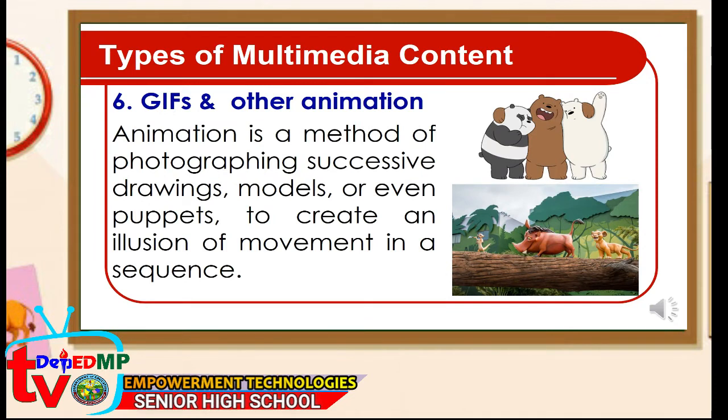When we say animation, it is a method of photographing successive drawings, models, or even puppets to create an illusion of movement in a sequence. There are a lot of anime movies which you have watched already. Those are examples of animation.